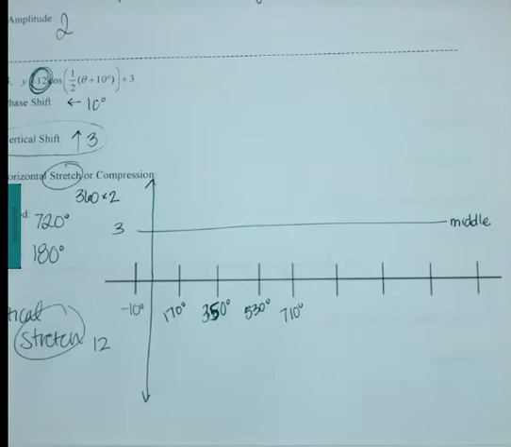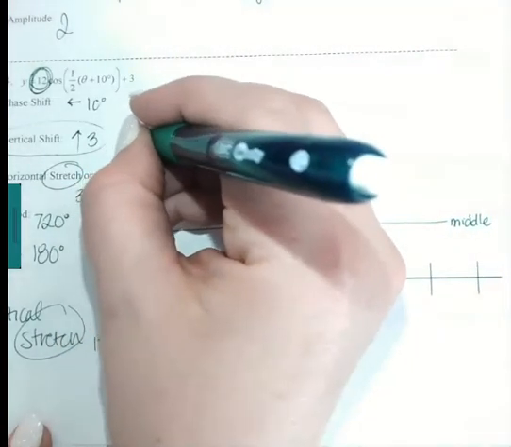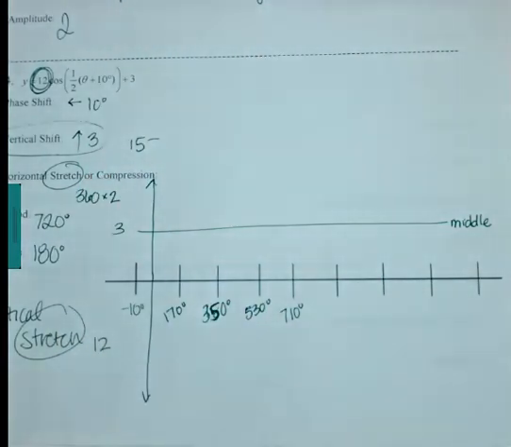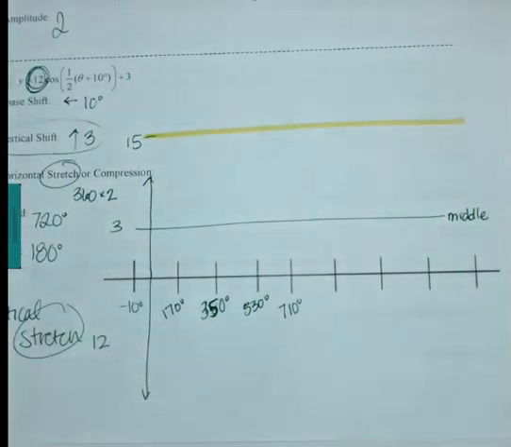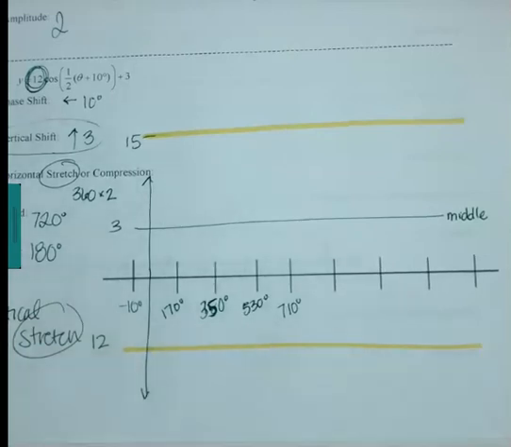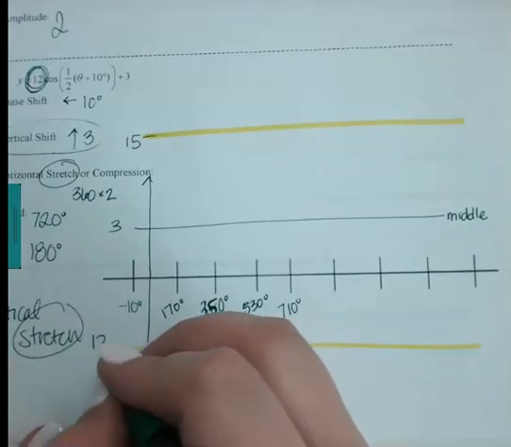Wait 1 second. That put me at 15. And then what about if I start at 3 but I go down 12? What would that put you at? 3 minus 12 would put you at negative what? Negative 9.